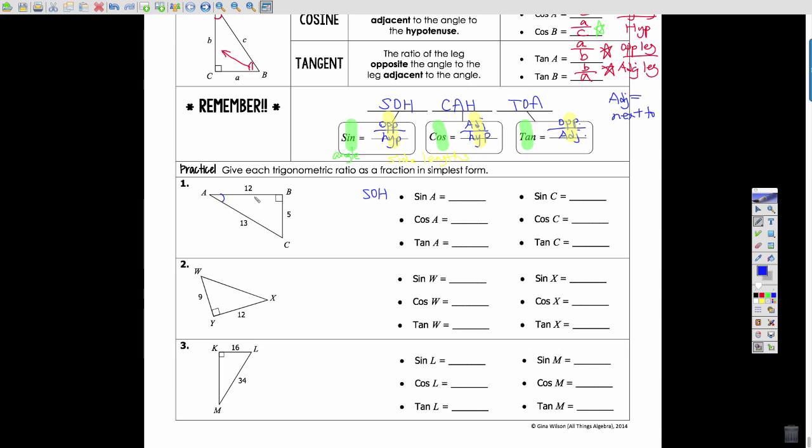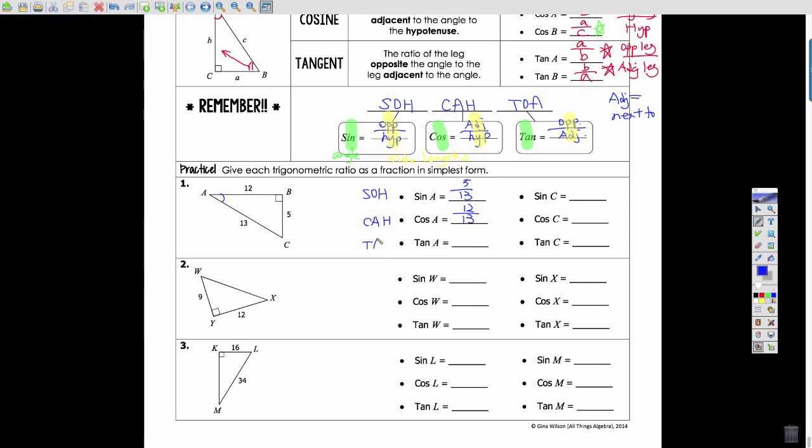Opposite is 5, hypotenuse is 13. Done. Cosine A, cosine is cah, so it's adjacent to A. Adjacent to angle A is 12, the adjacent leg, over hypotenuse is 13.